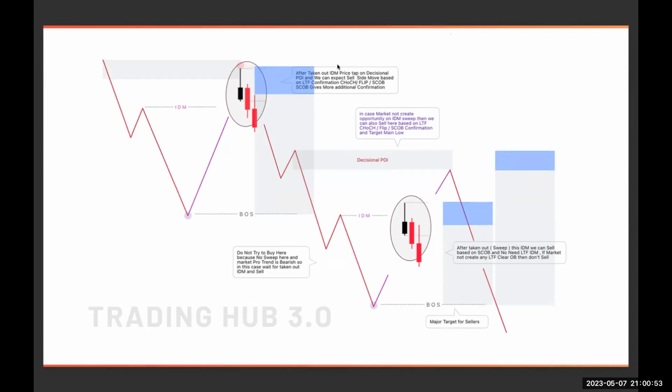The past diagram was also bearish, but here the situation is a little different. Inducement is taken out, price taps your PY and creates a single candle order block, which I recently covered. Then you can also sell here and put the stop loss just over it.